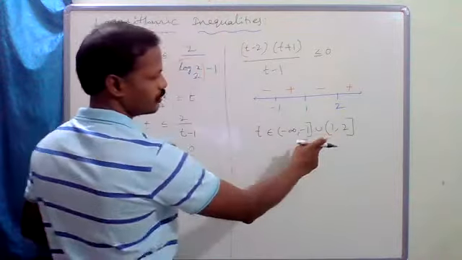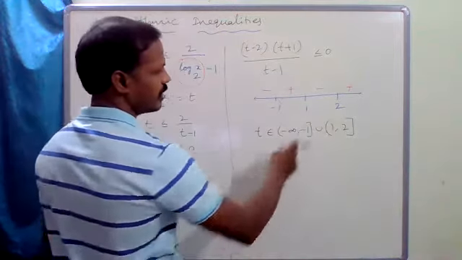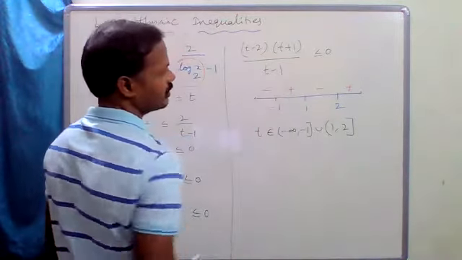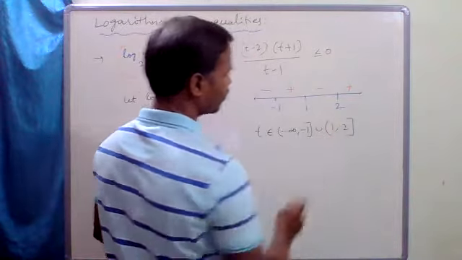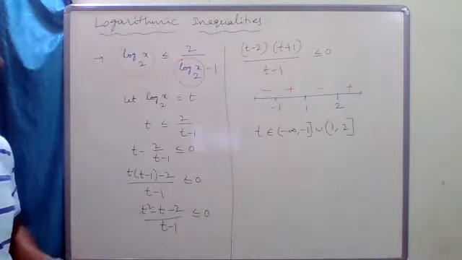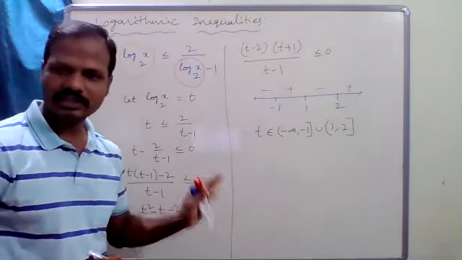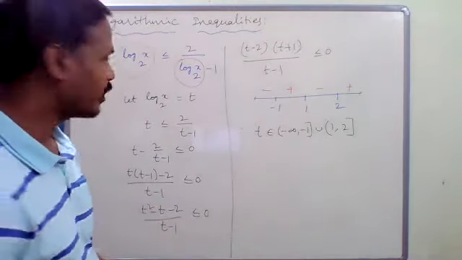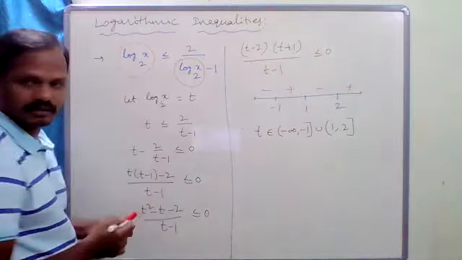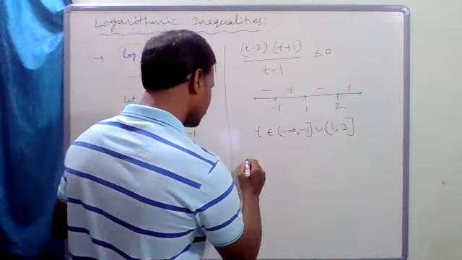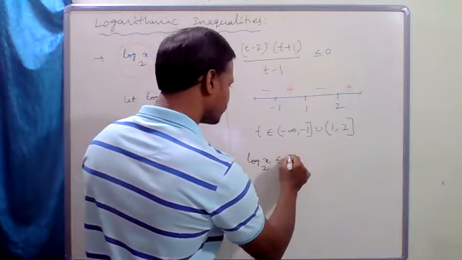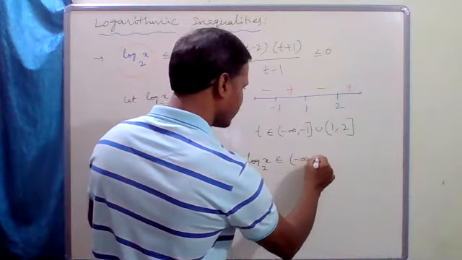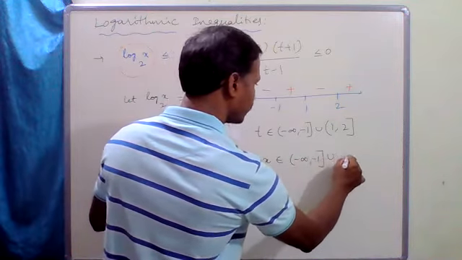For 1, you should open because t should not be 1. That's why we have to use open here for 1. 1 to 2. Now this is t value. But what we have to find? Log x base 2. So that means log x base 2 belongs to minus infinity comma minus 1 union 1 comma 2.